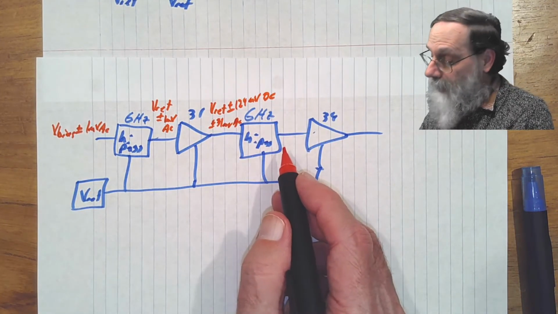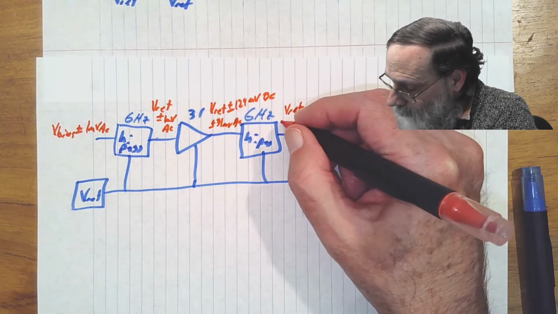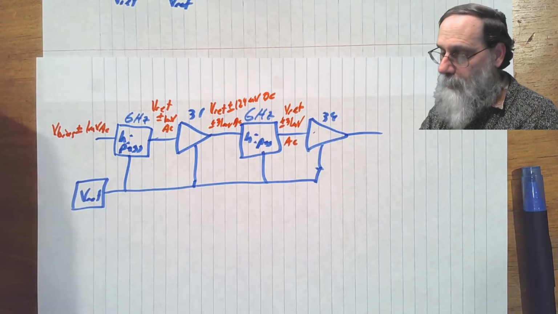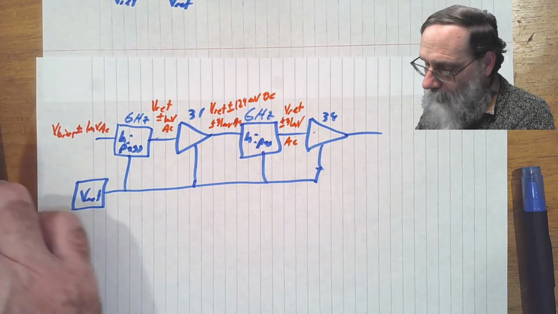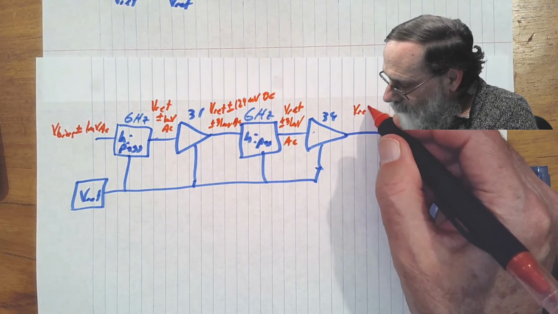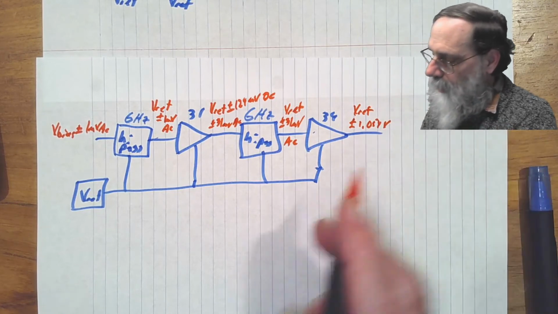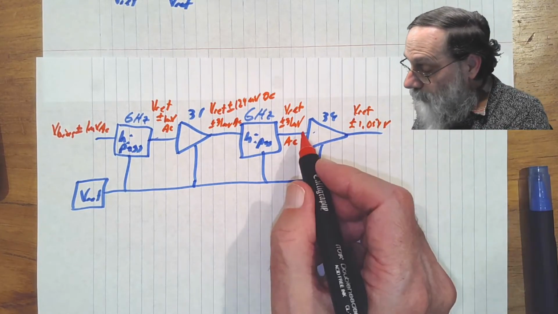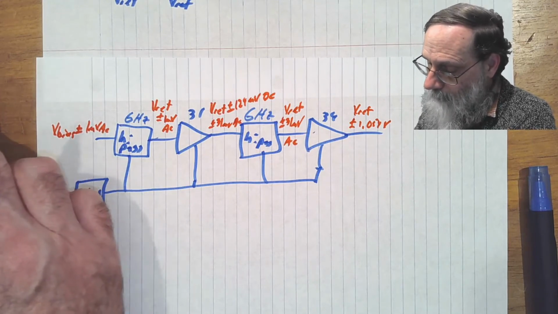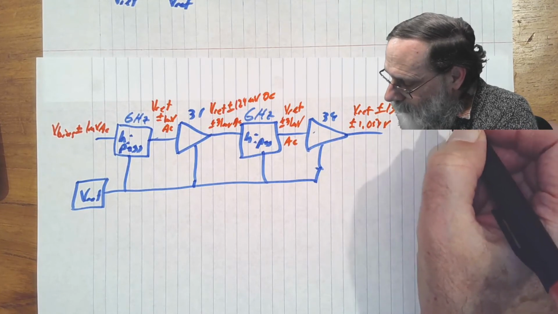After you run it through the high pass filter, the extra DC bias goes away when we just have Vref plus or minus 31 millivolts AC. And then when we multiply by 34, that's going to give us the Vref plus or minus 1.054 volts. And we're going to have some offset here. There was plus or minus 4 millivolts offset there, times 34, plus or minus 136 millivolts DC.